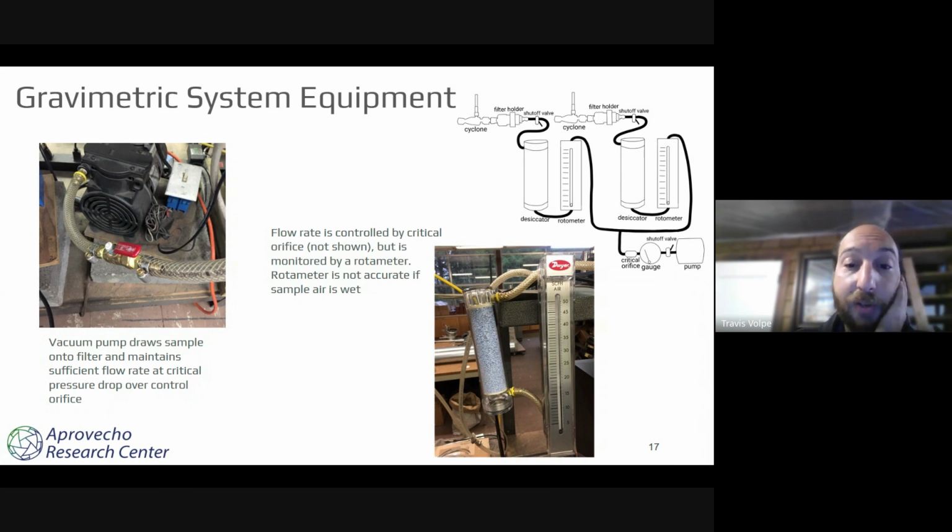This flow rate is also monitored by the rotometer. The rotometer is not accurate if the sample air is wet, which can happen during a water boiling test. We'll have some high humidity sample air coming through. So a small desiccator, which is the blue cylinder to the left of the rotometer in the image, is used to dry out the sample.